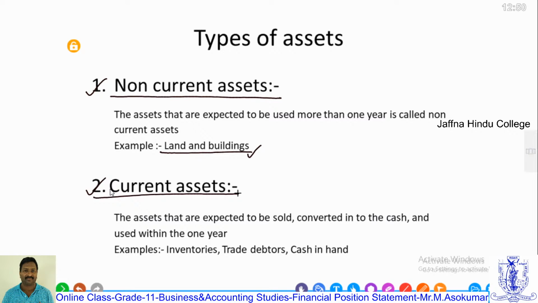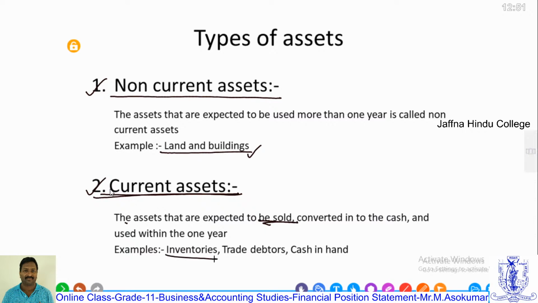Current assets means the assets that are expected to be sold. For example, the inventory.